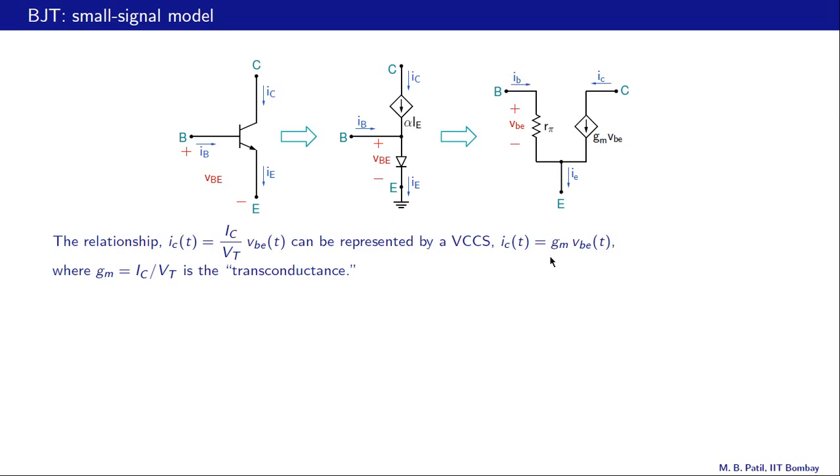Now gm is a constant because IC is a constant for a given bias condition, that is for a given bias value of the base emitter voltage, and VT is a constant. So this gm, which is IC by VT, is called the transconductance parameter of the transistor, and it's very, very important to remember that it is not an absolute constant because it depends on the bias condition. In particular, it depends on the bias value of the base emitter voltage.